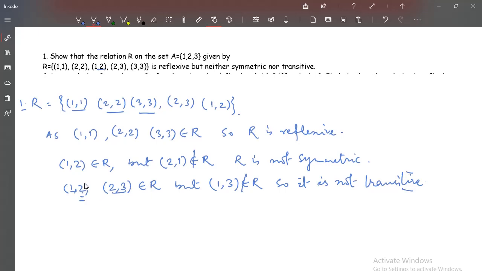Am I clear? This 1 is related to 2, 2 is the second element, and 2 is related to 3. In this pair, 2 is the first element. So with (1,2) and (2,3), the 2 and 2 will be cancelled out. That is not actually cancelled out, we understand it in this way. So 1 and 3 will be related. Are you getting my point?